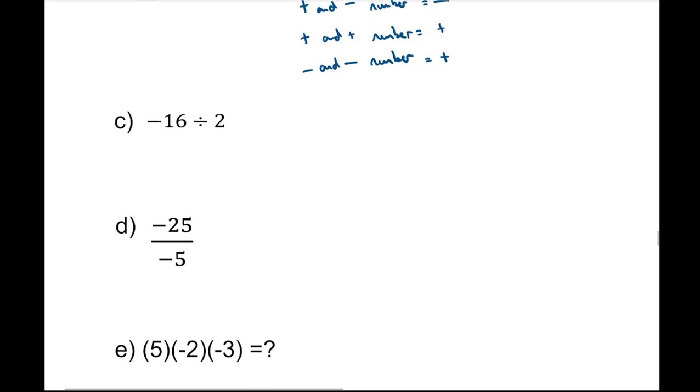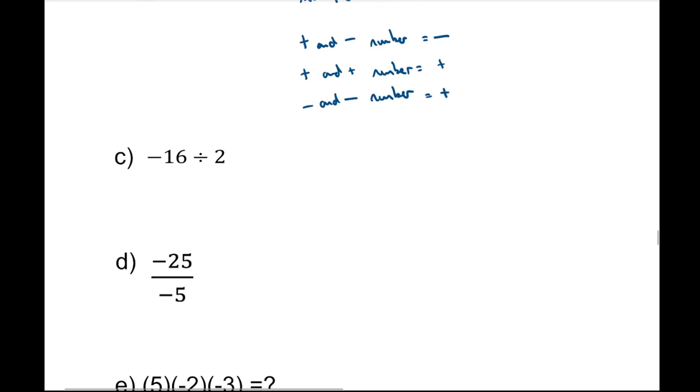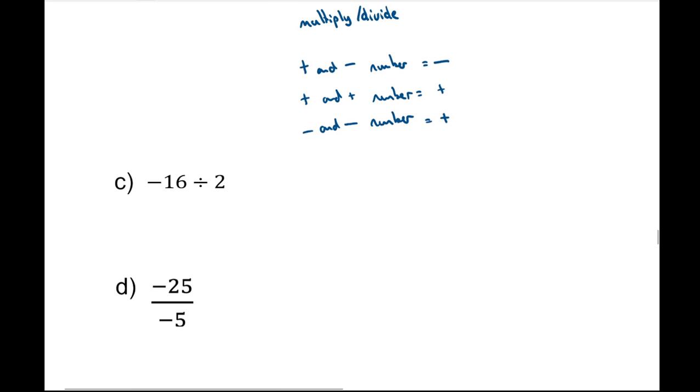So with example C, again, if we're using our cheat code, we have negative 16 divided by 2, so a negative number divided by a positive, so that falls under this first category, where you have 2 different signs. Which means if I just do this simple math, 16 divided by 2 is 8, but because of the 2 different signs, it's going to be negative.